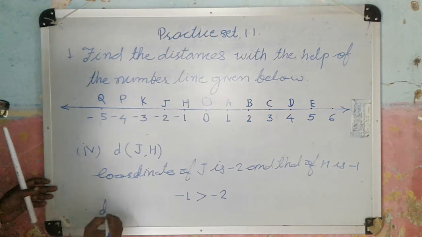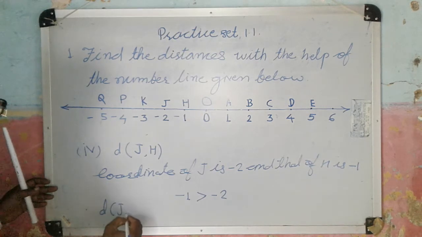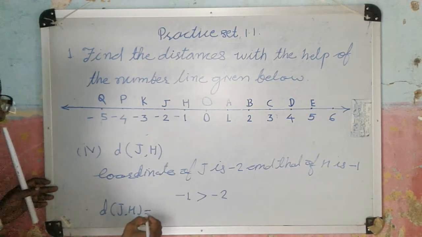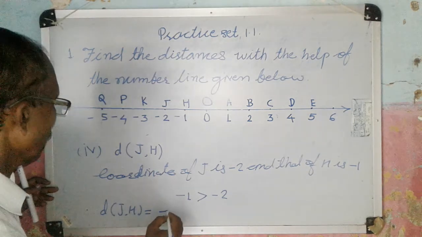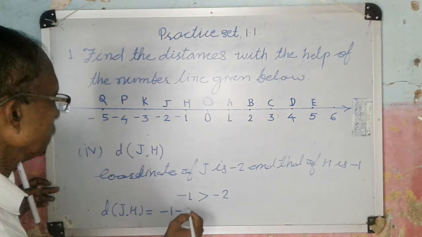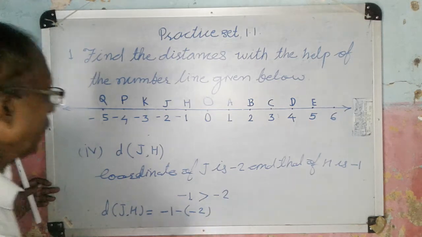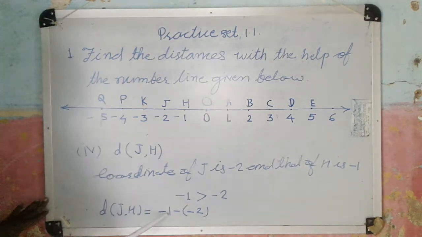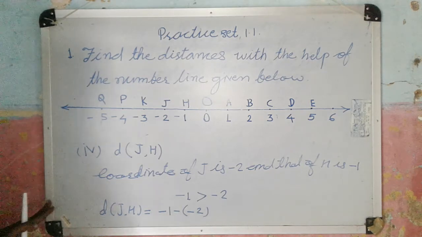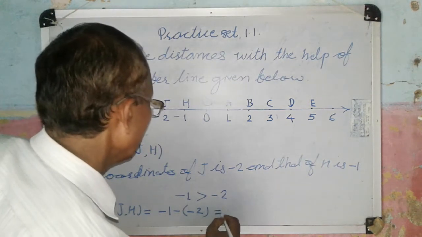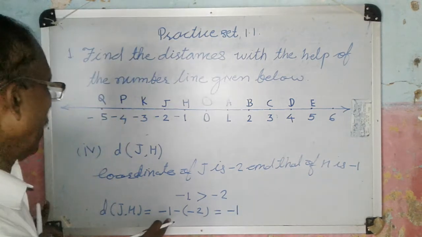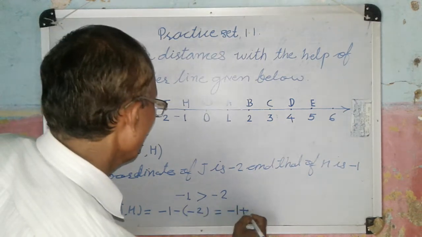Therefore, distance of JH is equal to minus 1 minus minus 2. Larger coordinate minus 1 minus smaller coordinate minus 2. That means minus 1 minus into bracket minus 2. If you remove this bracket, we get minus 1 plus 2.